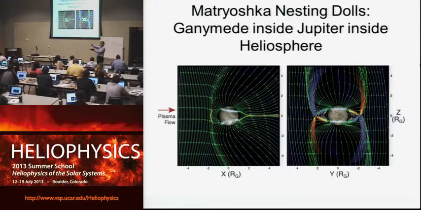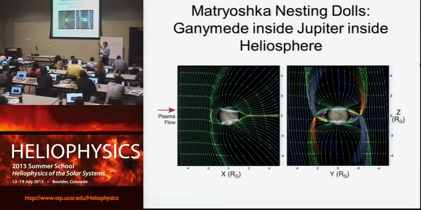So the preferential direction of this dynamic pressure is its motion, and then the co-rotation motion of the plasma of Jupiter. And so it's going around, and of course Jupiter's orbiting the sun inside the heliosphere. So we have these three different magnetospheres, the heliosphere, the magnetosphere of Jupiter, and the magnetosphere of Ganymede all together.